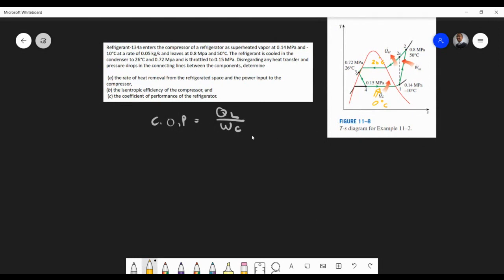But we will touch on a few examples. We're always looking for the coefficient of performance, which is basically an efficiency metric, and we're always going to look for QL and WC. Can someone tell me where QL is, between which points?